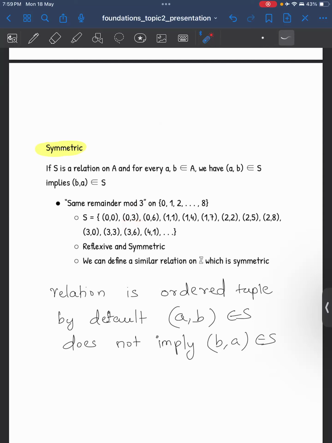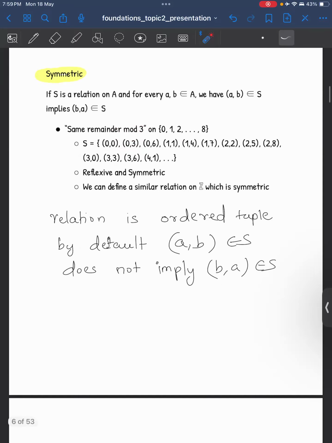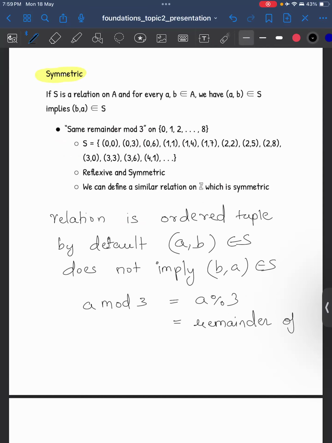If mod is not clear, a mod 3 means a percent 3, which means the remainder of a when divided by 3.